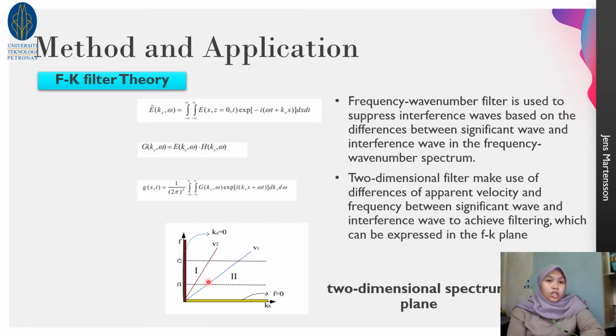Zone 1 is the interference zone of high velocity. Zone 2 is the interference zone with low velocity. So the dipping angle in the time-space domain is greater, and the line in the frequency-wave number domain is closer to the wave number axis.